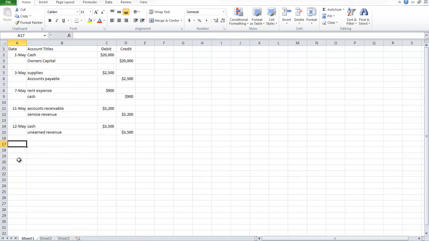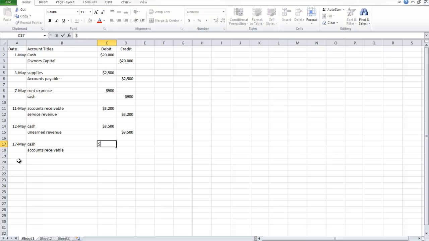Then the next day is May 17th. And the company received cash of $1,200 for services performed for Misper Company. So these services were performed previously, and now the customer is paying off their bill that they owe the company.